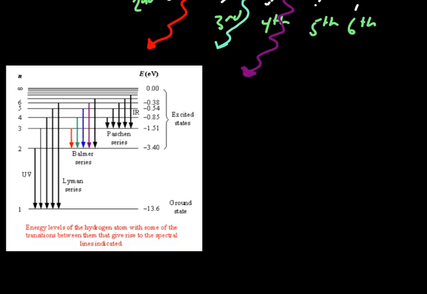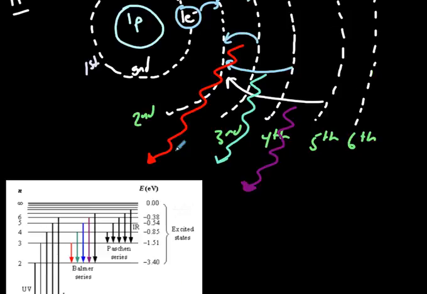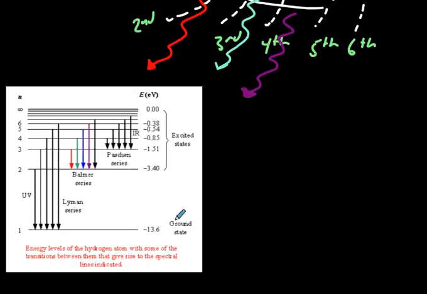Okay, so just to continue, what this represents here are the energy levels that we were talking about, the energy levels above that bottom ground state. It's actually been measured how much energy or potential there is between these levels, measured in electron volts. You don't really need to worry about that.